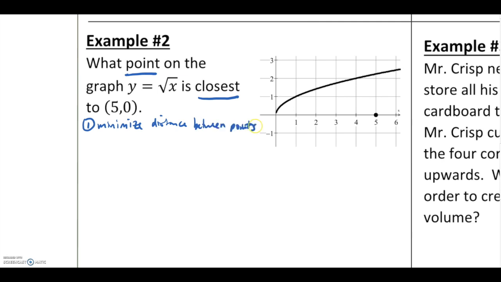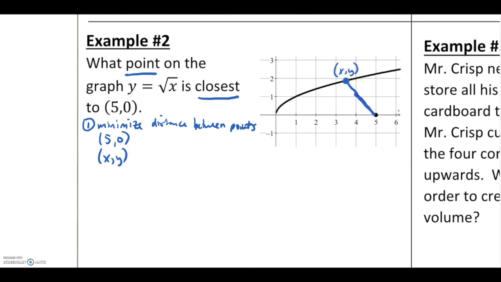And I can warn you that some of these problems are going to require you to remember some formulas from geometry and algebra classes. This one, what we're going to have to think about is we have a known point, (5, 0), and we have an unknown point, (x, y), that we can put anywhere.